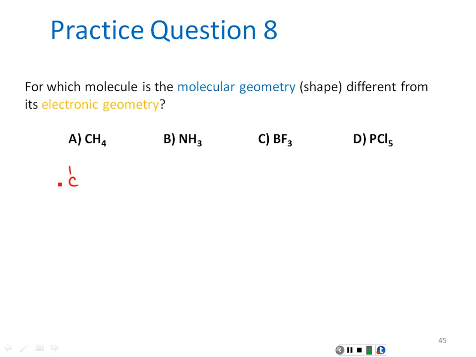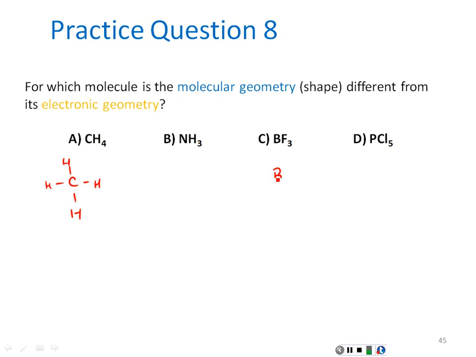Again, methane, Lewis structure, CH4. Another way to ask this question would be which molecule has a center atom with non-bonding or lone pair electrons.